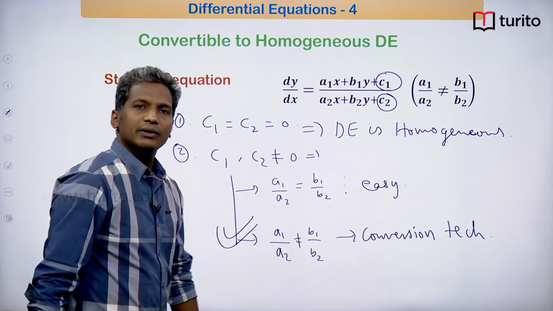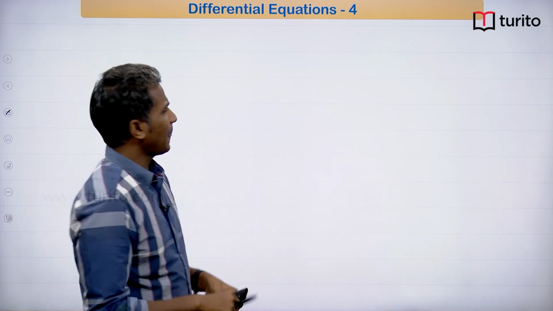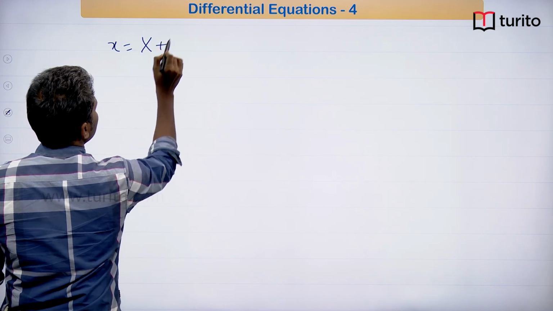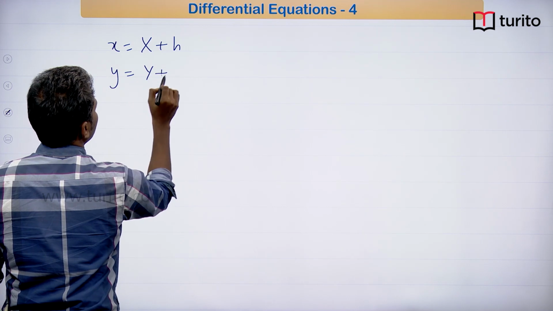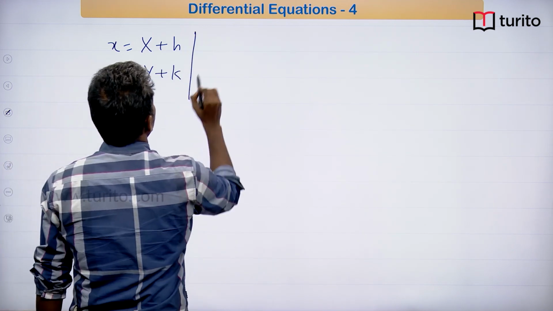So, when they are not equal, how to convert? For this the idea is very simple. We substitute small x equal to capital X plus h and small y equal to capital Y plus k. Okay. So, here what is our differential equation?